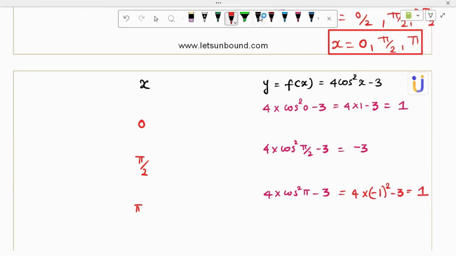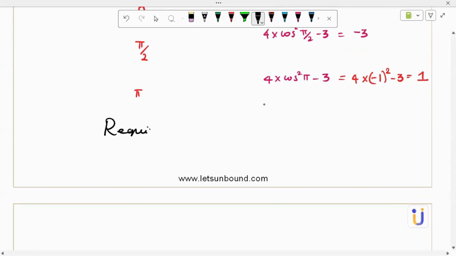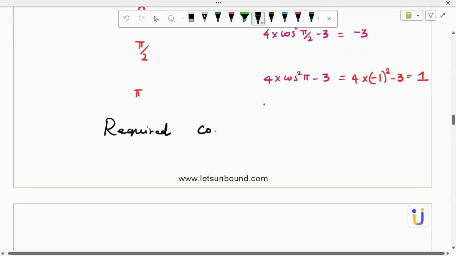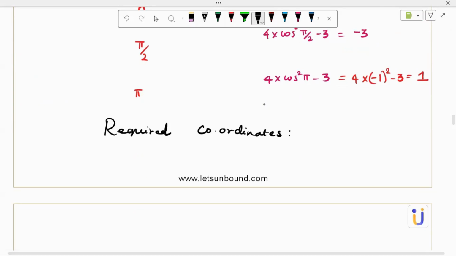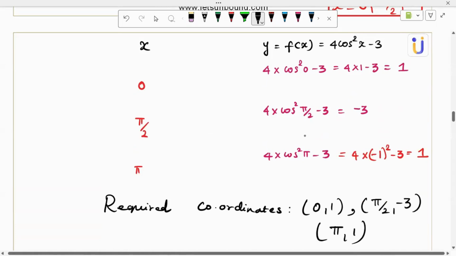So the required coordinates, we can list them out, and this will fetch you the complete score. 0, 1, pi by 2, minus 3, and pi, 1.